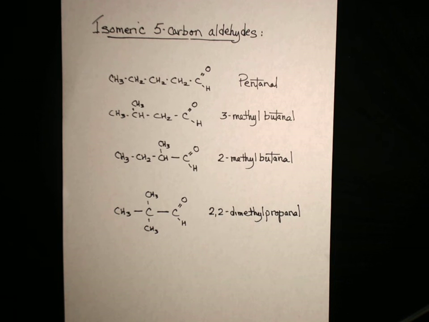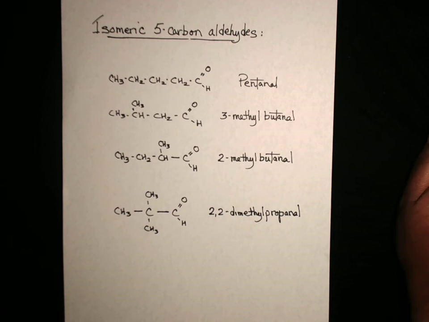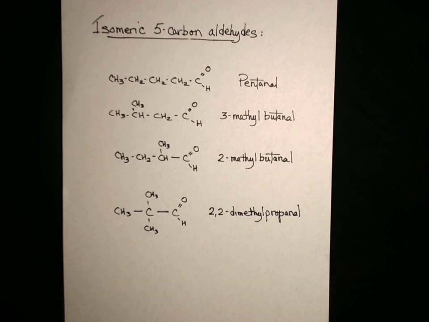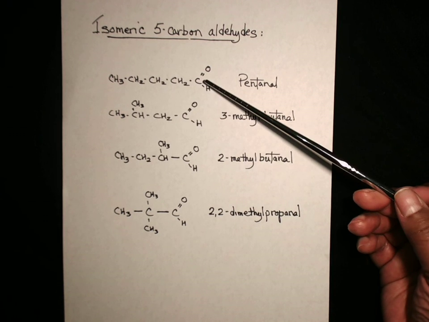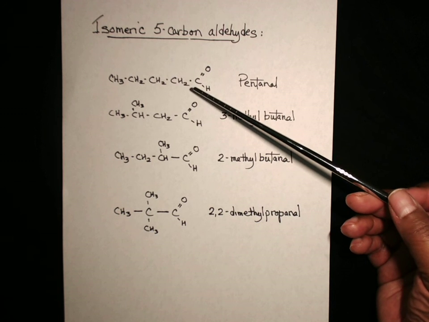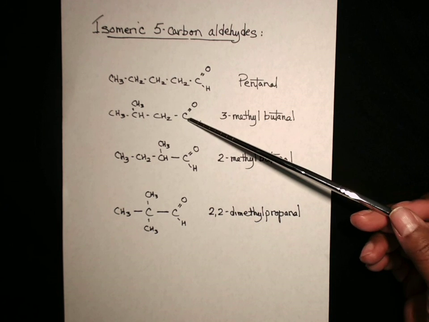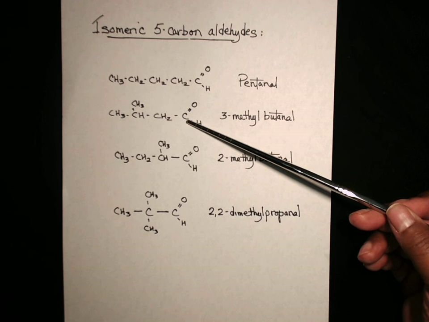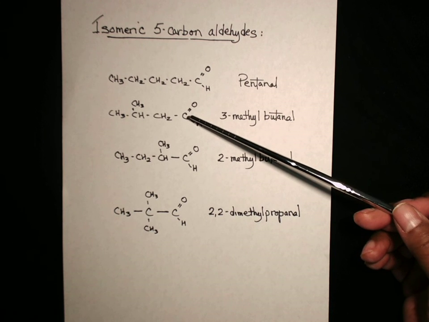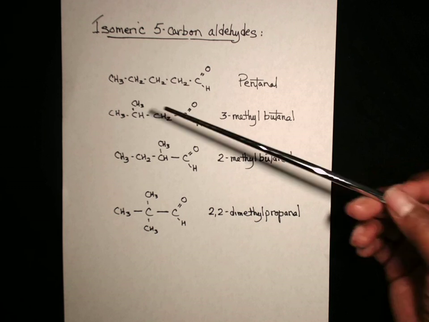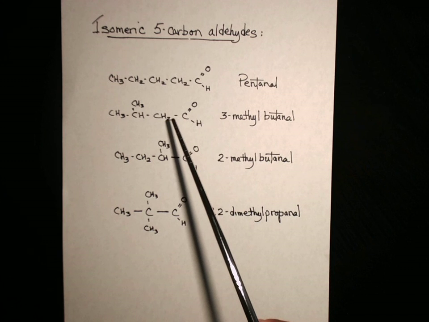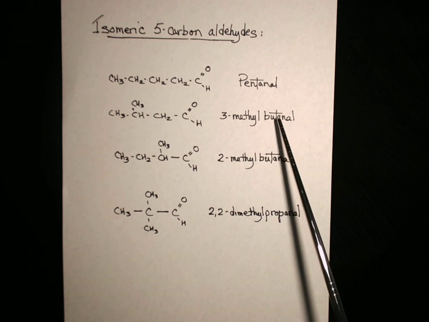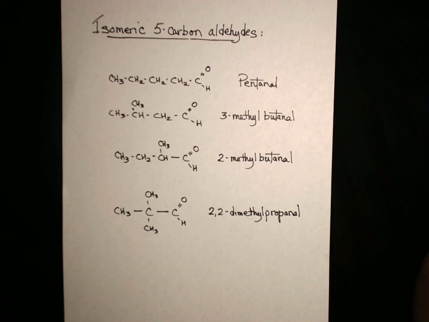Now, I got to consider how the carbons may branch. So, the next example, you notice that instead of having all 5 carbons in a continuous chain, I've got 4 carbons. And the 5th carbon is represented as a branch. So, a 4-carbon aldehyde would be butanal.